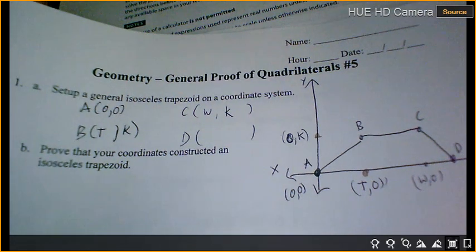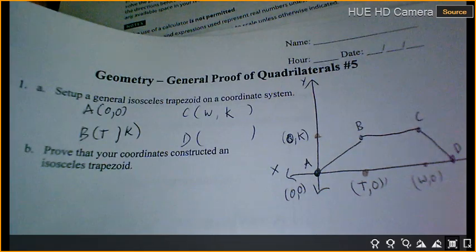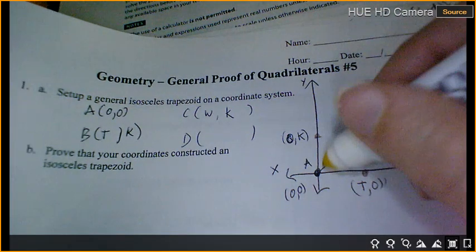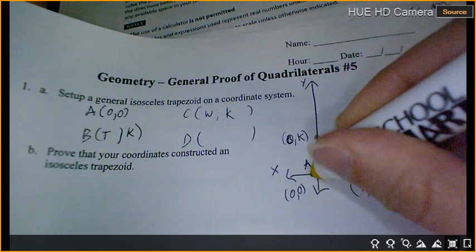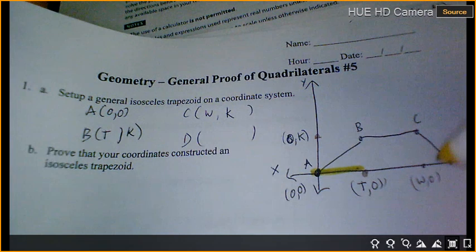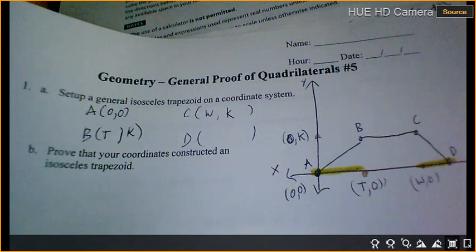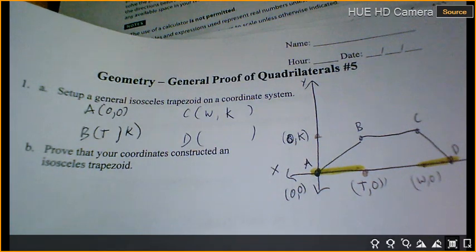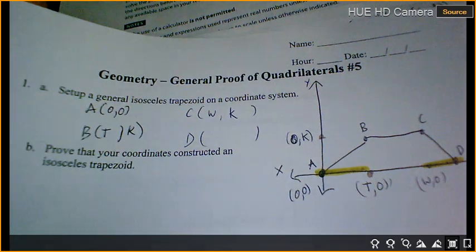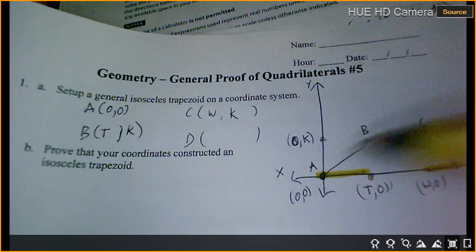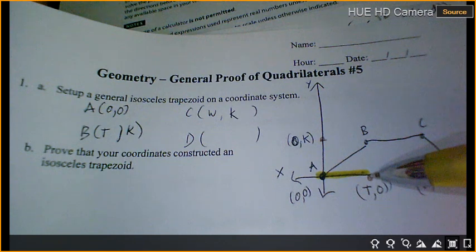All right. This is an isosceles trapezoid. It is a poorly drawn one. But do you guys agree that this distance right here from A to T, we have to have that same distance from W to D if it was drawn correctly? So from A to this point is T, correct? Yes.